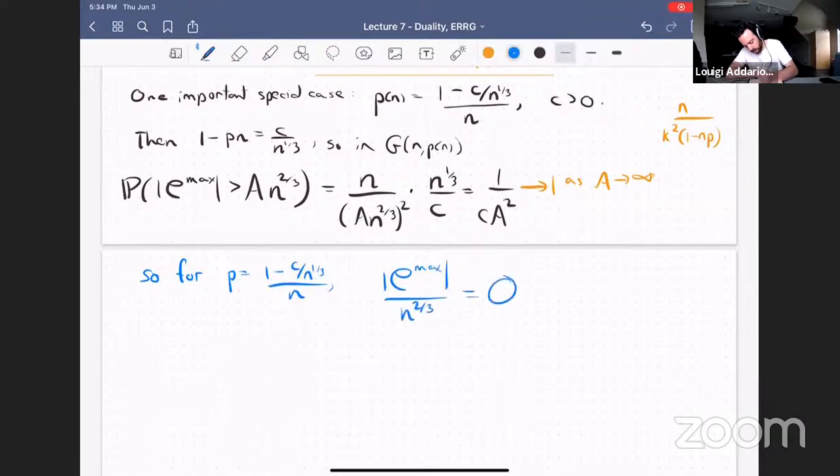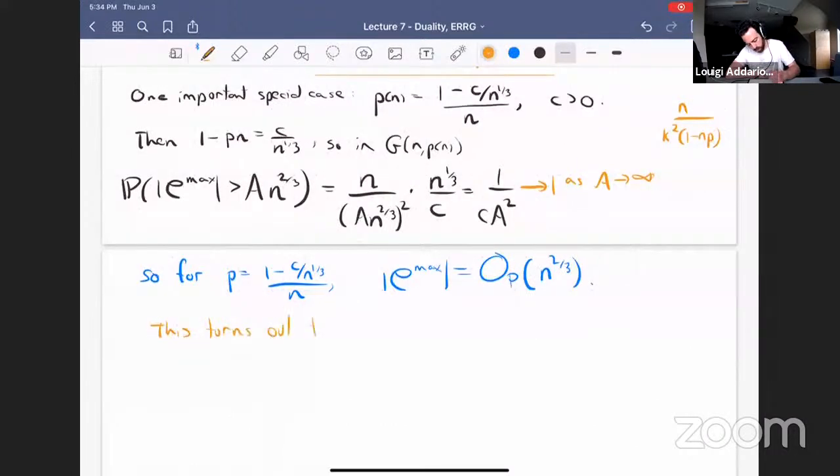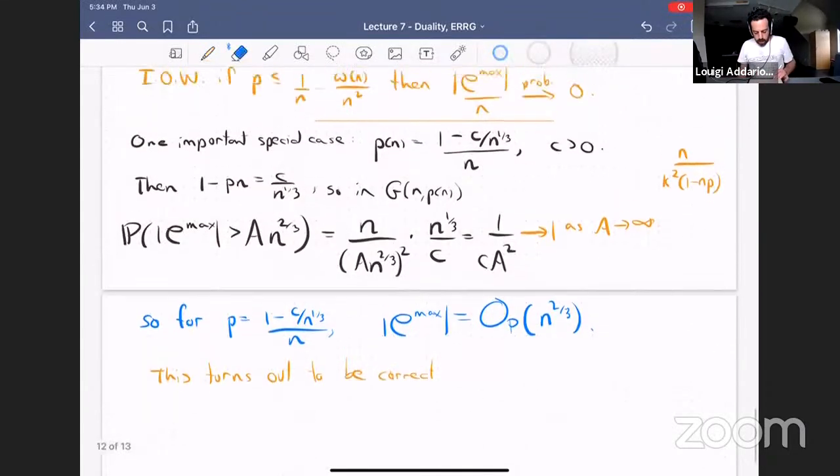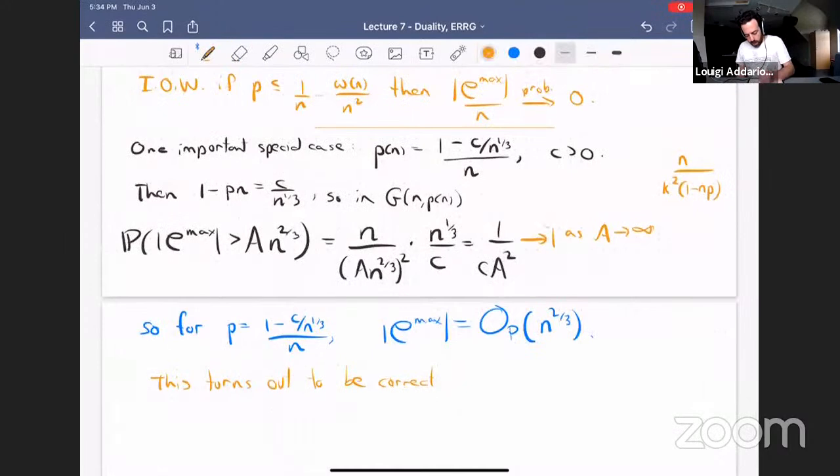So this is order n to the 2/3 in probability. And this turns out to be tight. And I do mean goes to 0 as a goes to infinity.